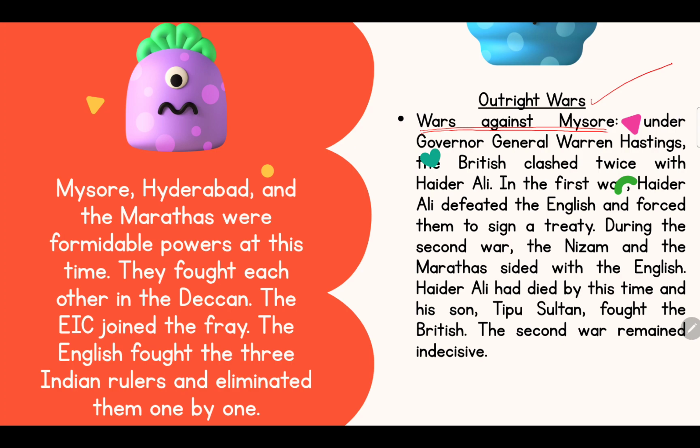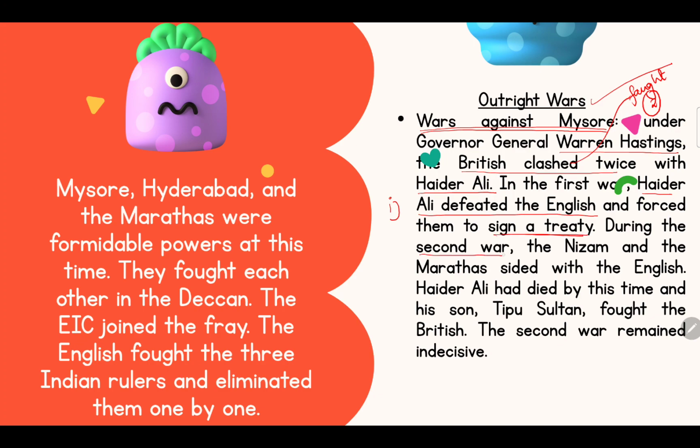Under Governor General Warren Hastings, the British clashed twice with Hyder Ali. Clashed means fought twice with Hyder Ali. In the first war, Hyder Ali defeated the English and forced them to sign a treaty.